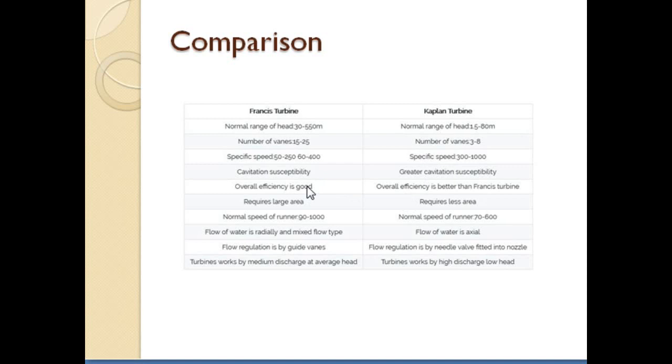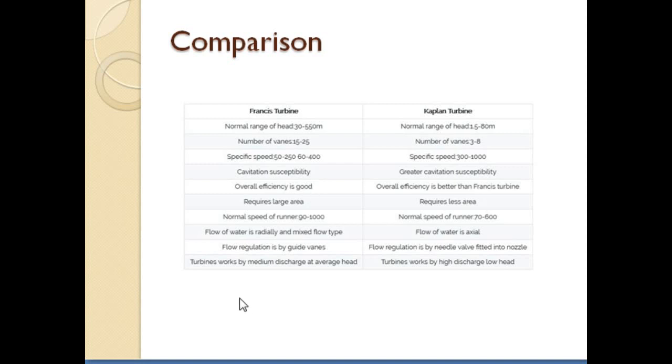The Francis turbine has good overall efficiency. The Kaplan turbine has overall efficiency which is better than the Francis turbine. Francis turbines require a large area, the Kaplan turbine requires a smaller area.